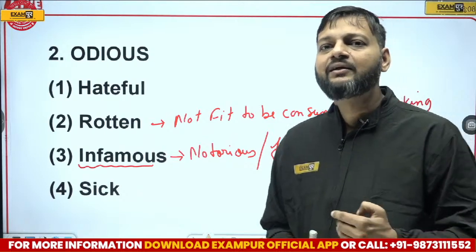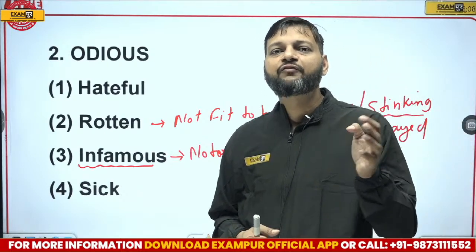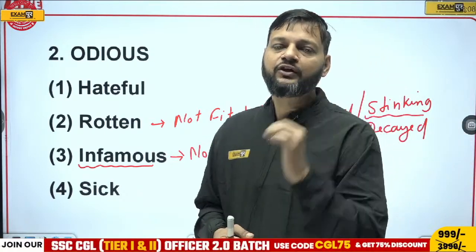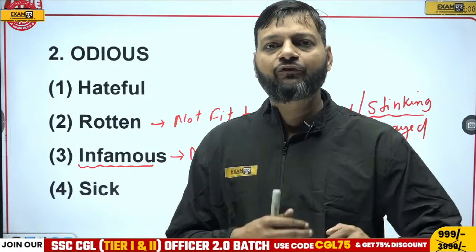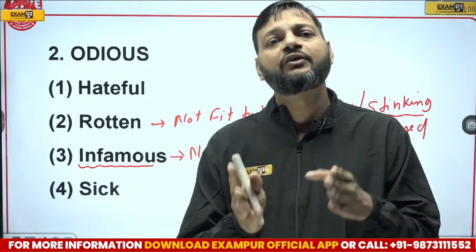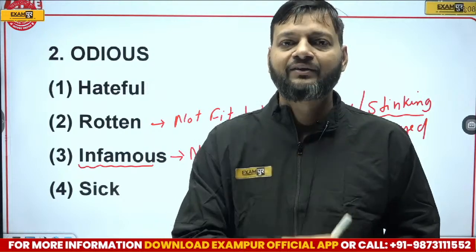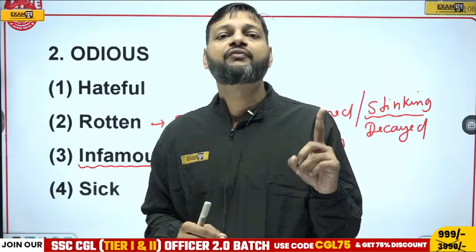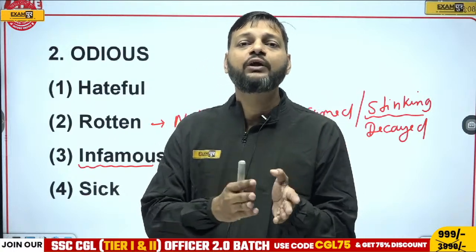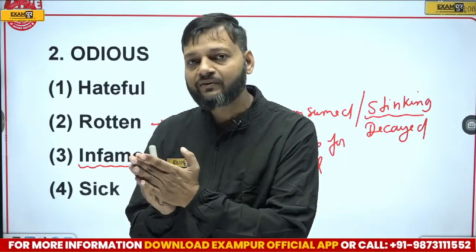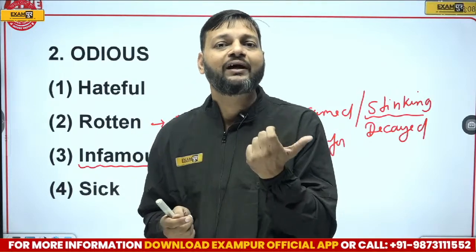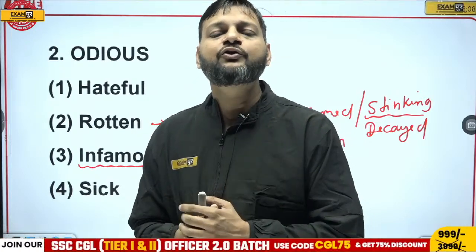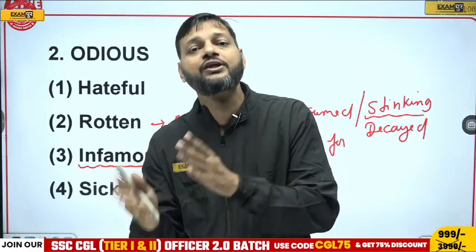Like for army we use the word famous. For actors we use the word famous. For politicians we use the word famous. But for dacoits, for thieves, for criminals, we do not use the word famous. Like we cannot say Daud Ibrahim is very famous, because Daud Ibrahim is a terrorist. So we should say Daud Ibrahim is notorious.